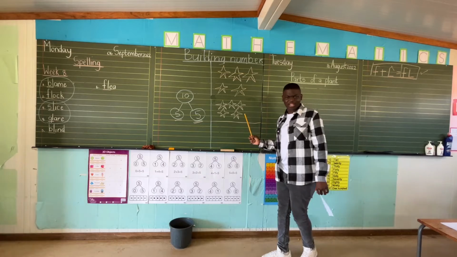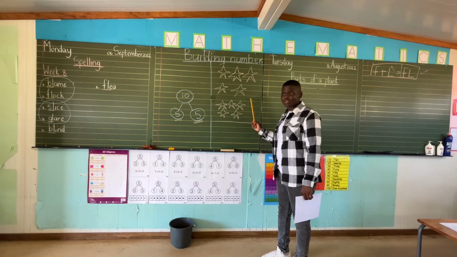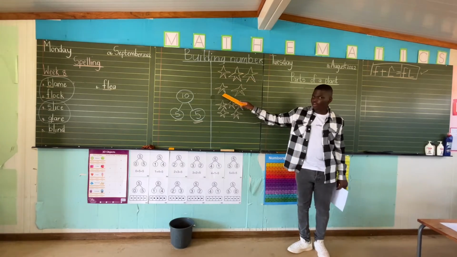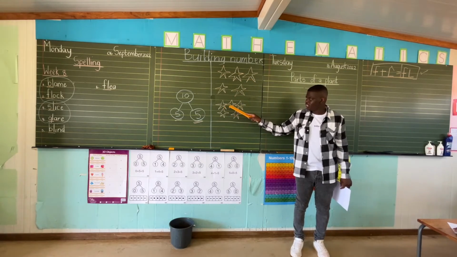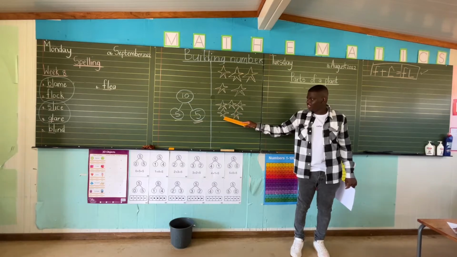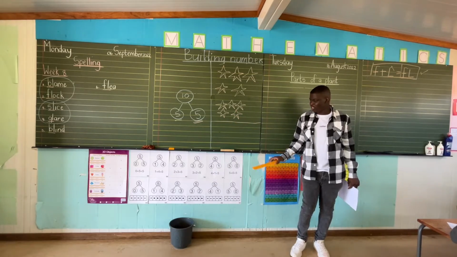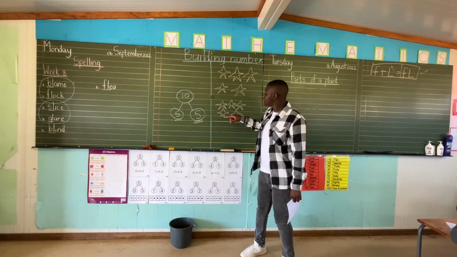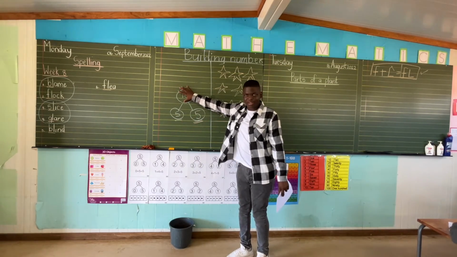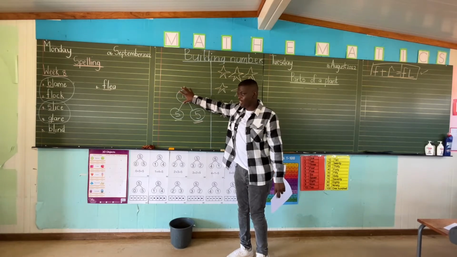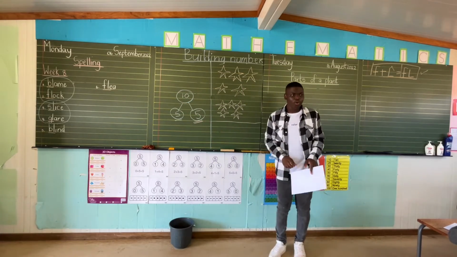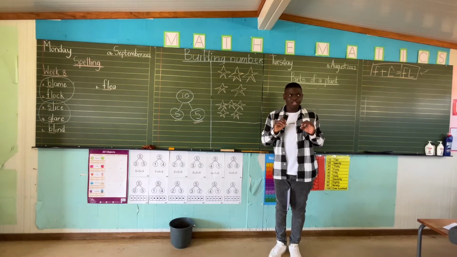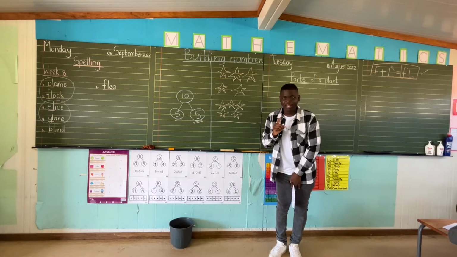When we bring them together, what do we get? 1, 2, 3, 4, 5, 6, 7, 8, 9, 10. So you see, we use the same number to get a bigger number. This is doubling. We bring two numbers together that are the same in order to get one big number.